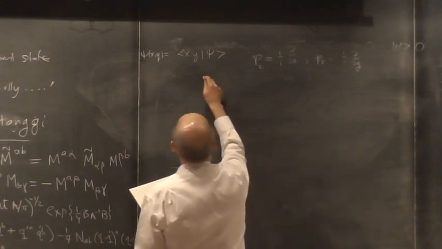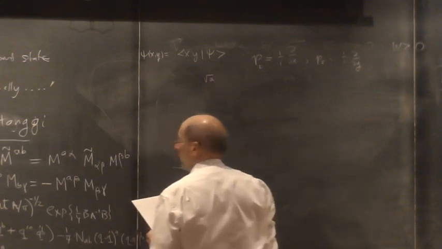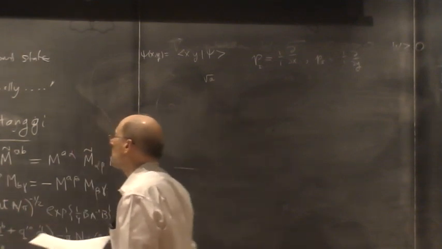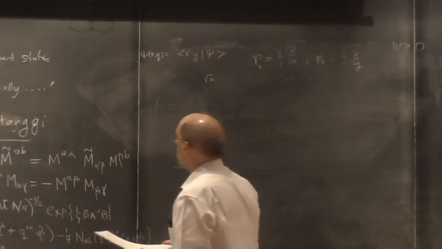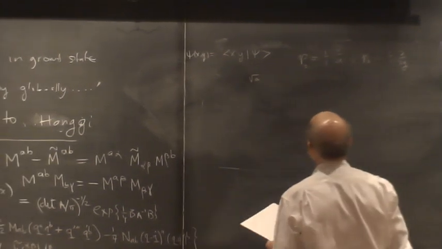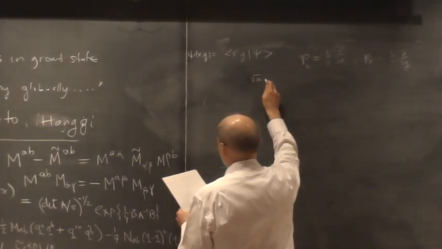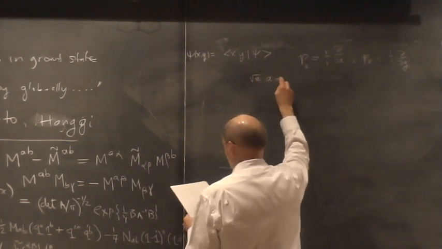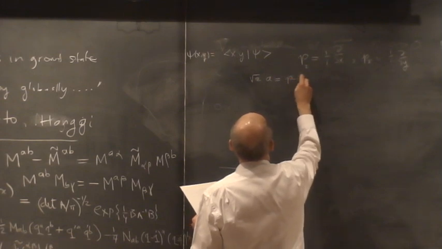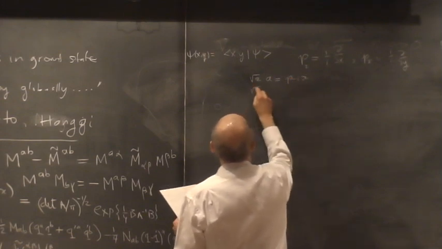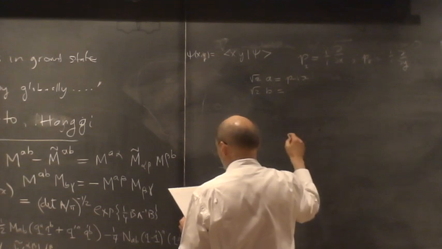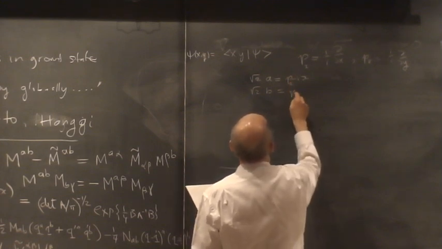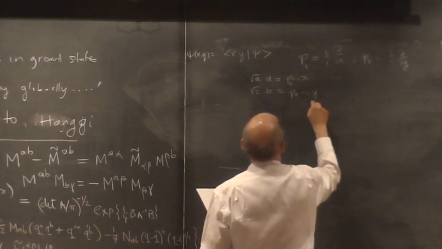Or you can go back to what we found before, in the special case where W was just the identity matrix, and normalized properly, the square root of 2 times A is equal to P1 minus i X, and the square root of 2 times D, the second annihilation operator, changes to P2 minus i Y.